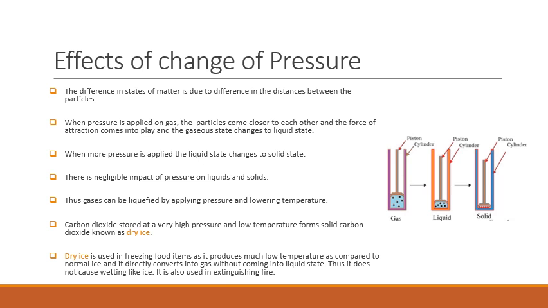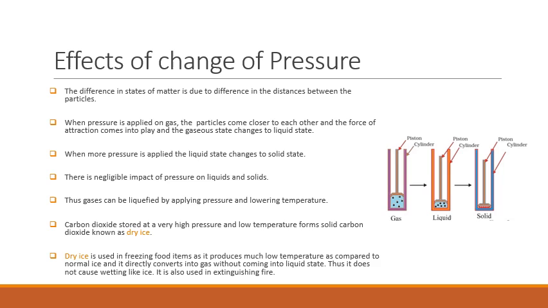So children, in our previous session we have learned how the change of temperature causes the conversion of one state of matter to another. Now today we'll see how the pressure affects the change of states.